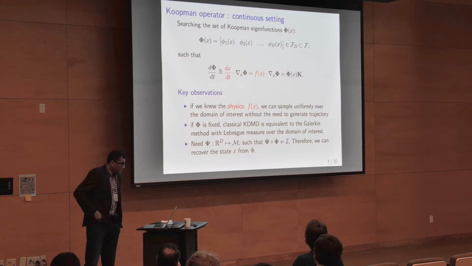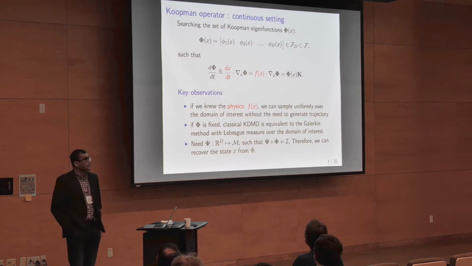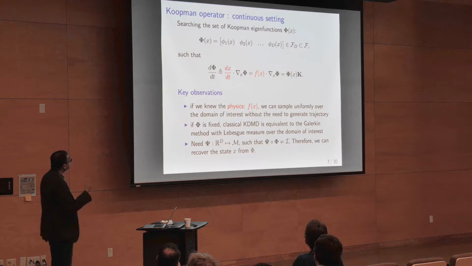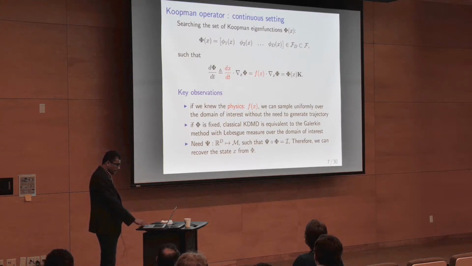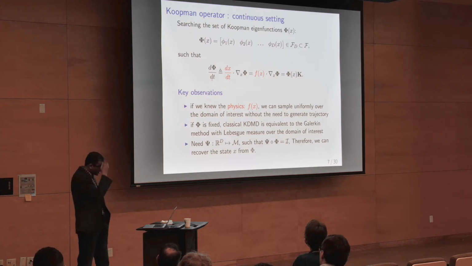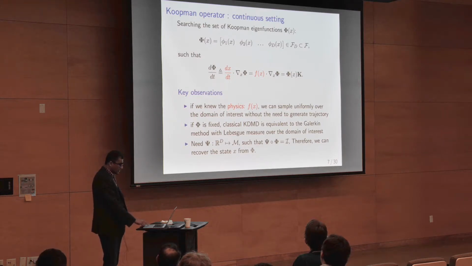Okay, so let's talk about the continuous setting and how we can begin to use physics information. We seek this space of Koopman eigenfunctions. If you take the time derivative of the Koopman eigenfunctions, just using the chain rule, you get this expression, and we know that dx/dt equals f from those governing equations.